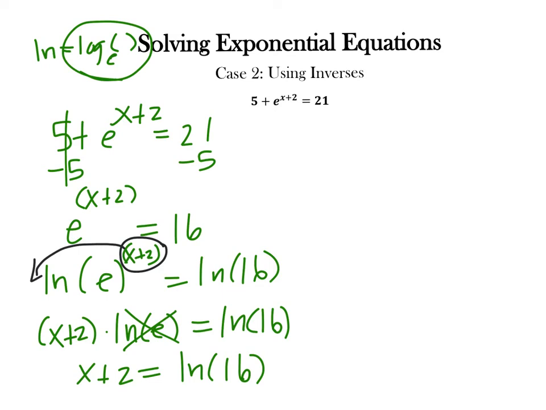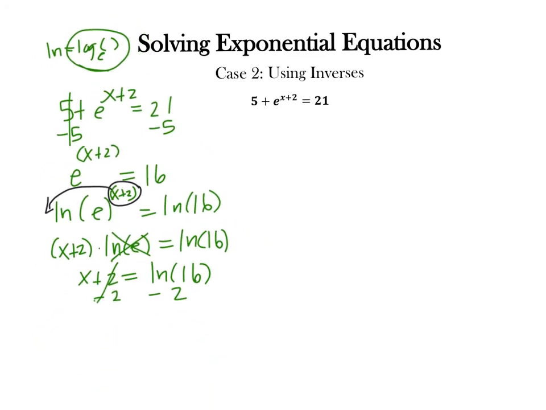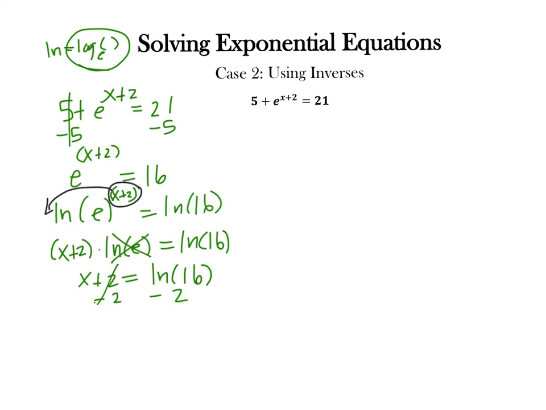At this point, I would put this in the calculator, or if you want, you can subtract 2 on both sides, and then just have x equals natural log of 16, which is some sort of decimal, subtract 2, and you get x equals 0.773.